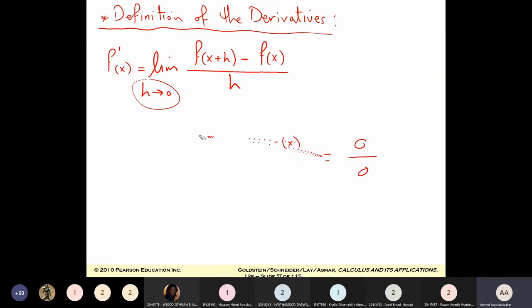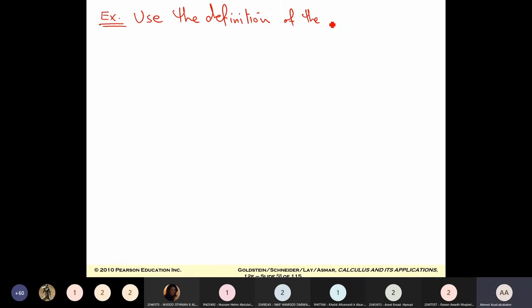How can we remove that? Look at this. The first question, for example: use the definition of derivatives to find f prime of x.